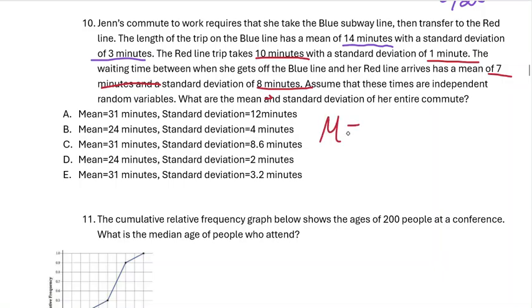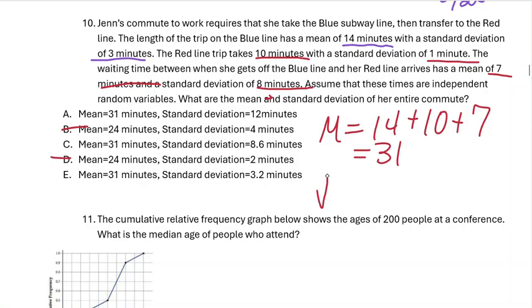Well, the mean is going to just be the sum of all these different mean times. So it's going to be 14 plus 10 plus 7, which is going to come out to be 24 plus 7 is 31 minutes. Okay, so we can instantly rule out some of these answers. Then it says they're independent random variables. So when you combine distributions, the standard deviation is the square root of the sum of the variances.